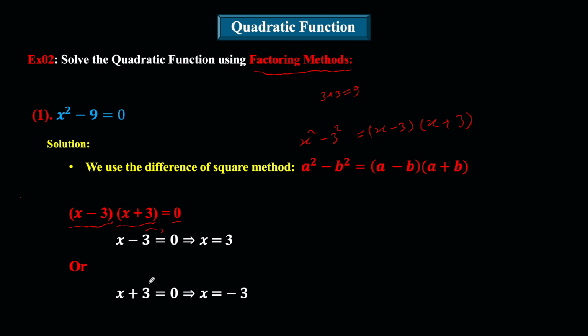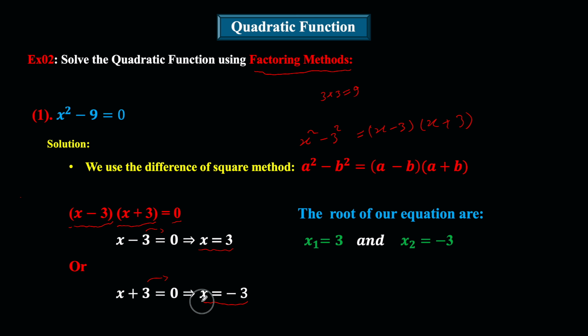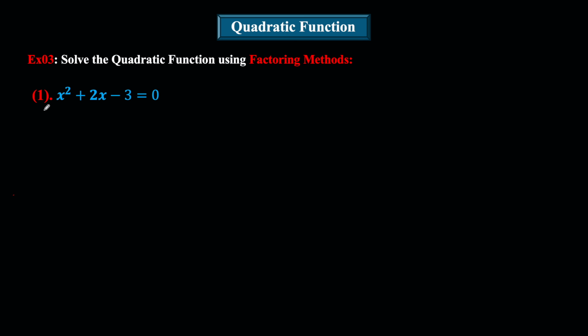Okay, so we take 3 to the other side, we get minus 3. So as a conclusion, the roots of our equation are x1 is equal to 3, okay, and x2 is equal to minus 3. Okay, coming to the third and last example with the factoring method.